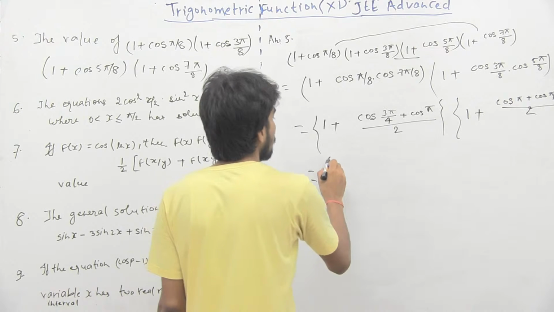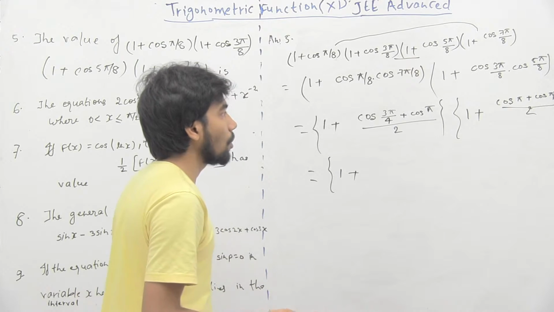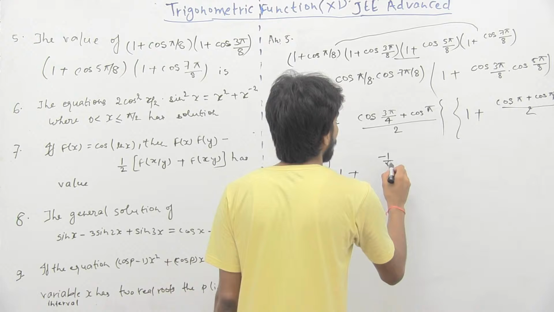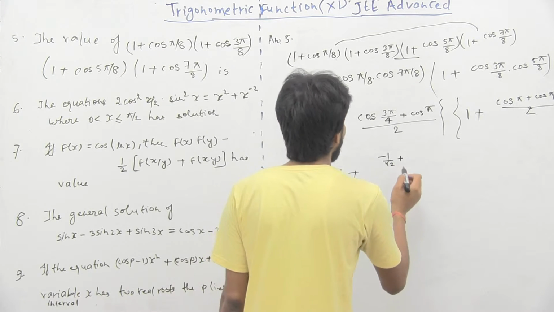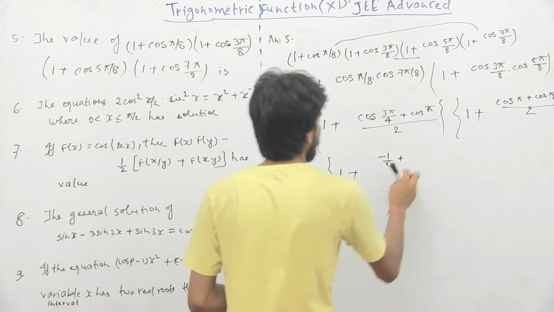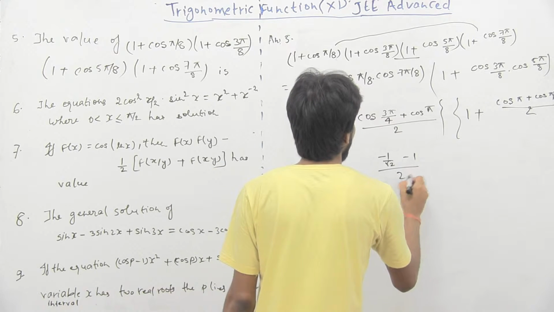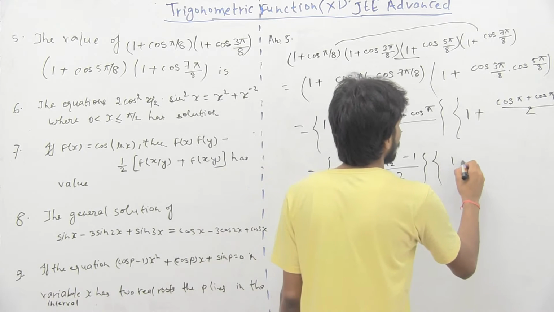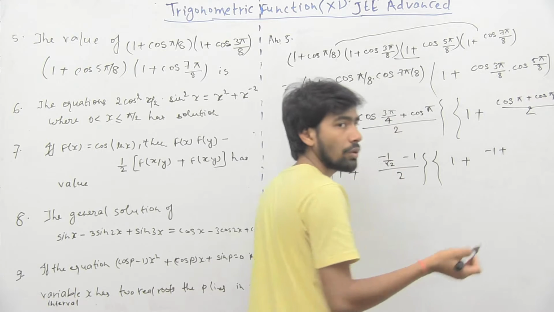Now cos 3 pi by 4 equals minus 1 by root 2, cos pi equals minus 1, and cos pi by 4 equals 1 by root 2.